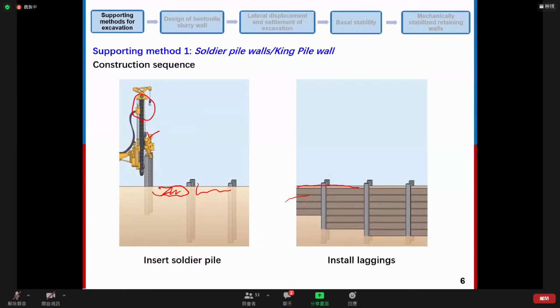So we repeat the same procedure, and then we finish the excavation, and at the same time the leggings are installed.